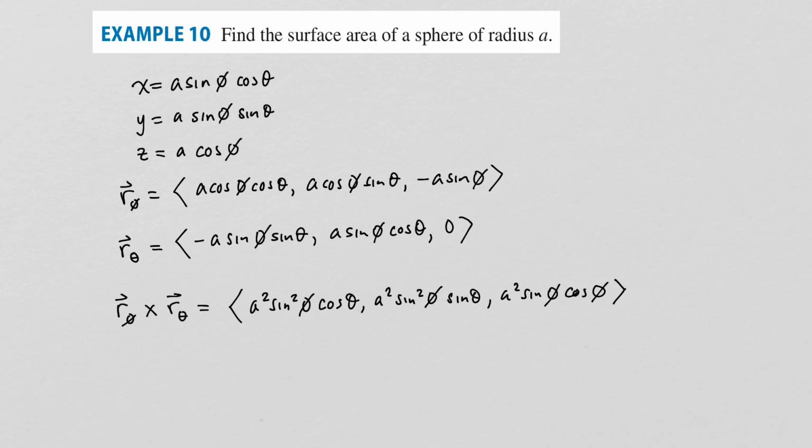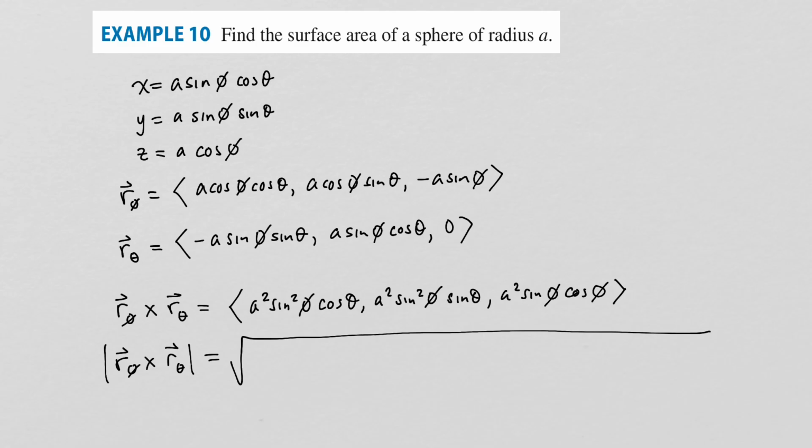Now we need to take the magnitude of this. And so that is simply the magnitude of this vector, which is going to be pretty big. It's going to be the square root of the squares of all of these added together.